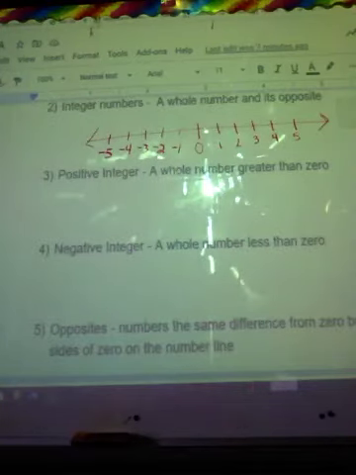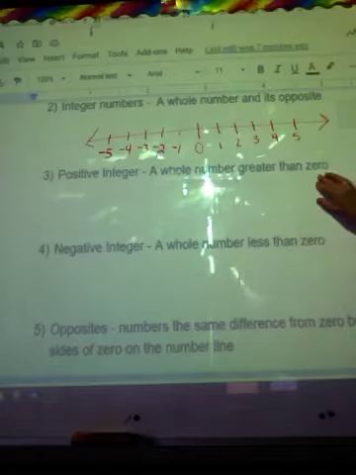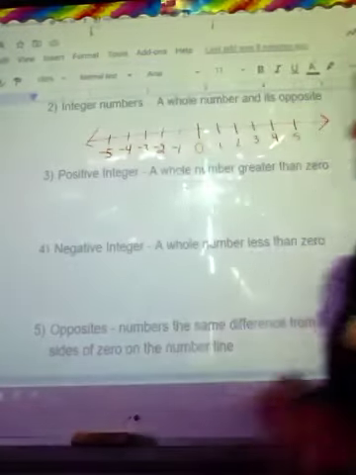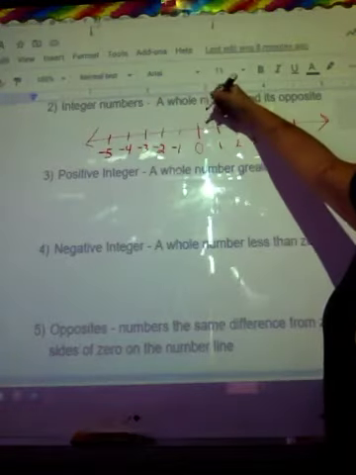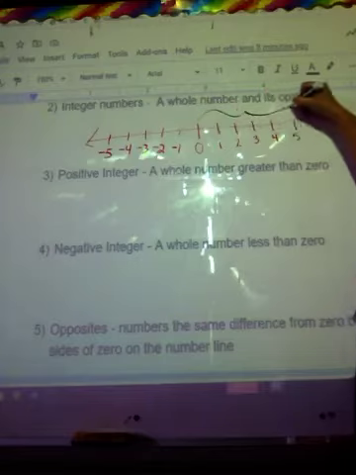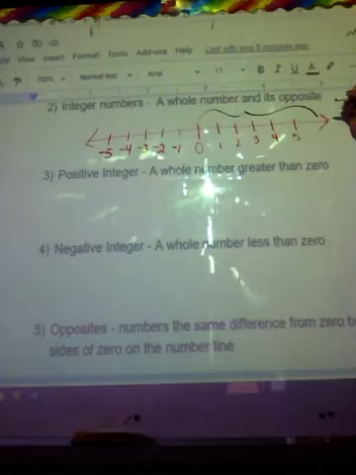Positive integers. Positive integers, a whole number greater than 0. Right? A whole number greater than 0. So, if we were going to label this, all of these are greater than 0.